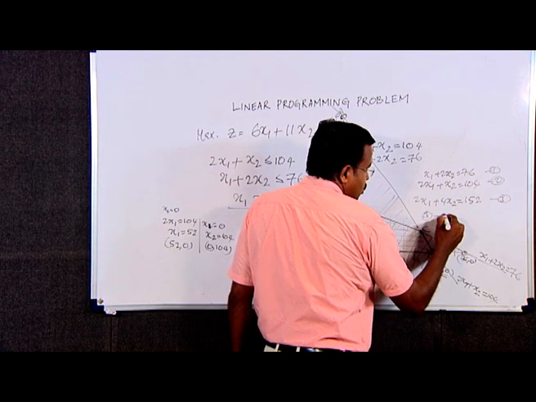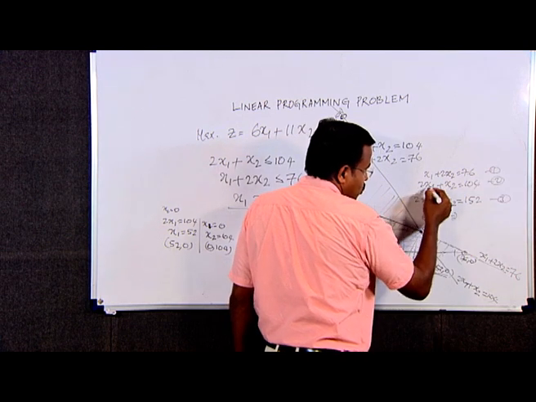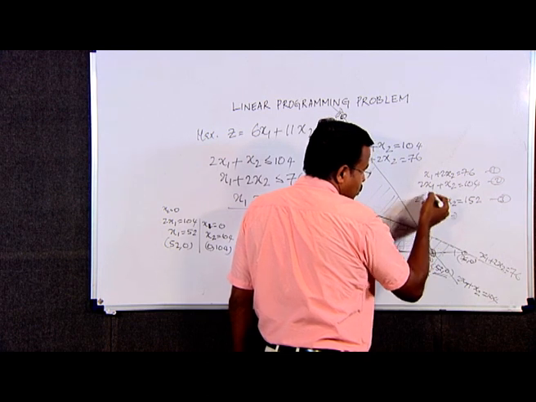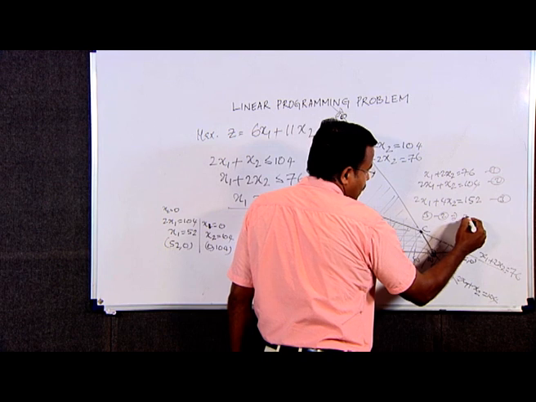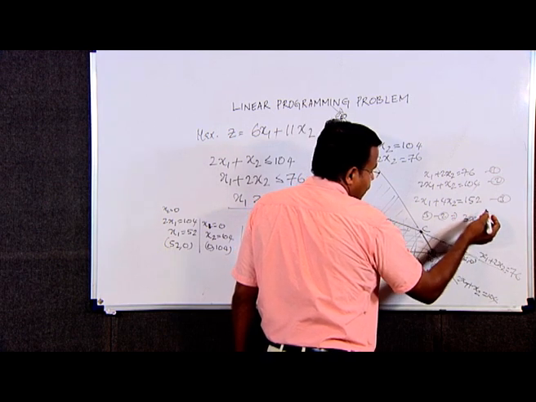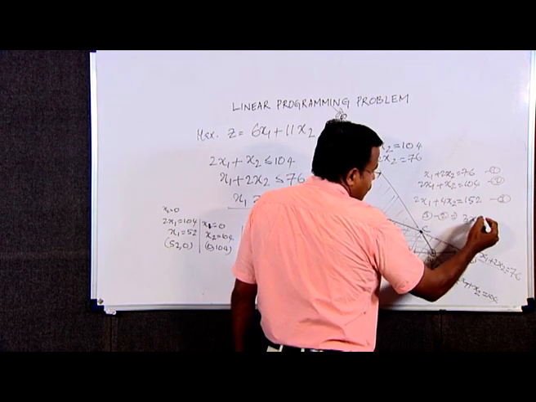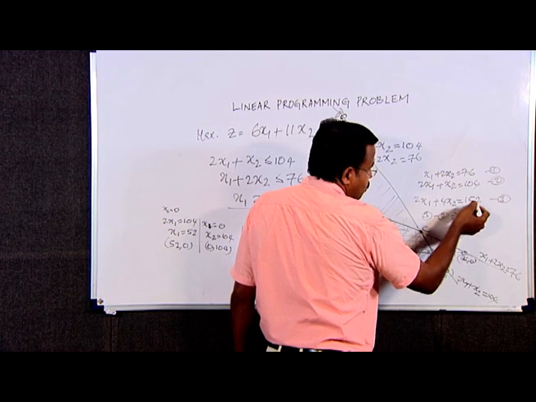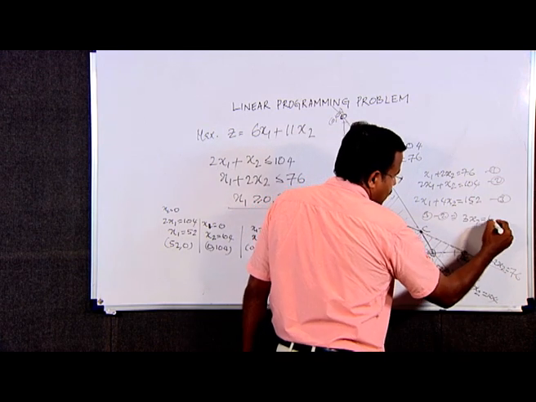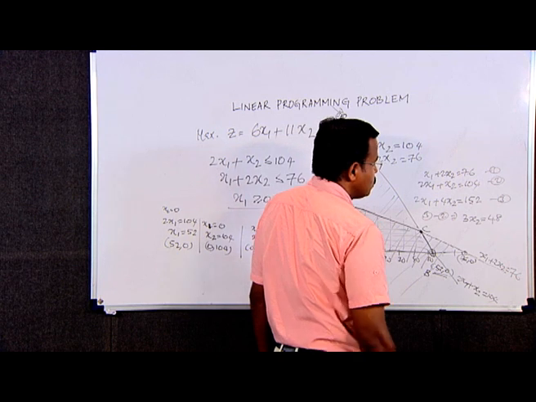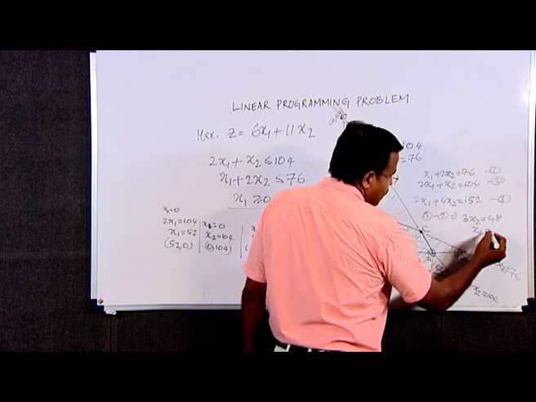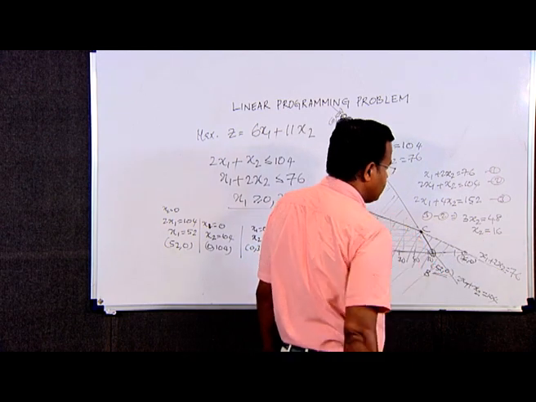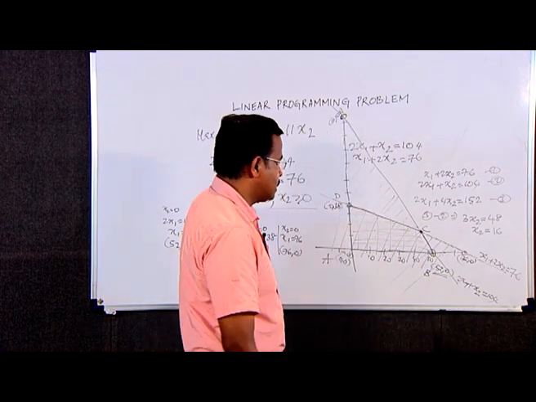Subtracting 2 from 3, we get 2x1 minus 2x1 is 0, 4x2 minus x2 is 3x2, equal to 152 minus 104, that is 48. So 3x2 equal to 48, that means x2 equals 48 divided by 3, that is 16.